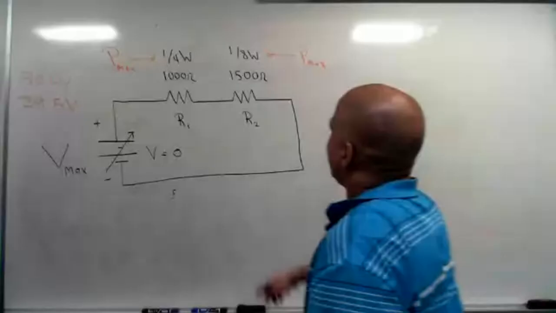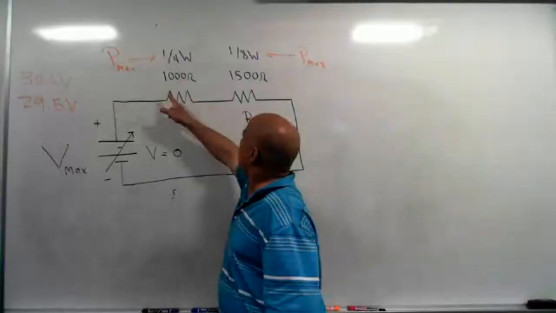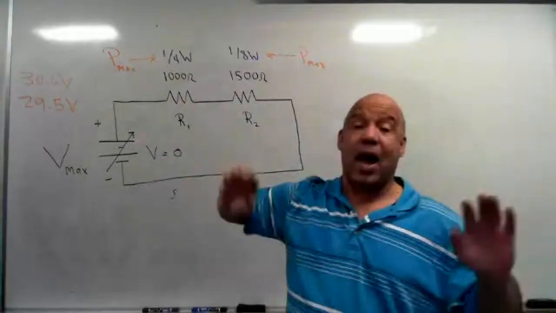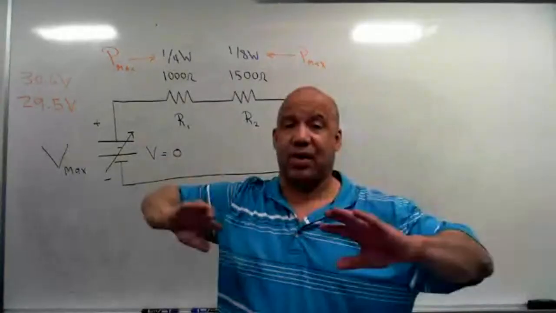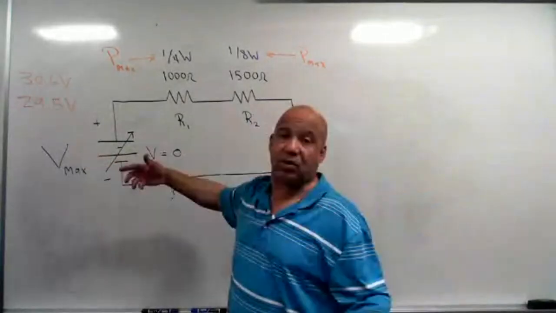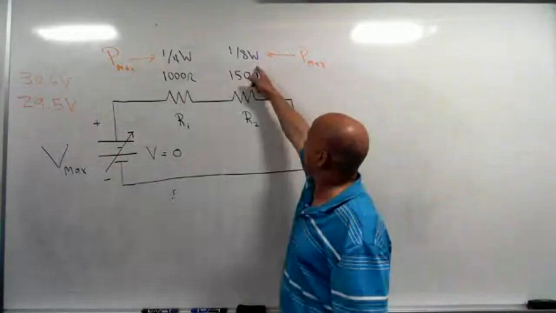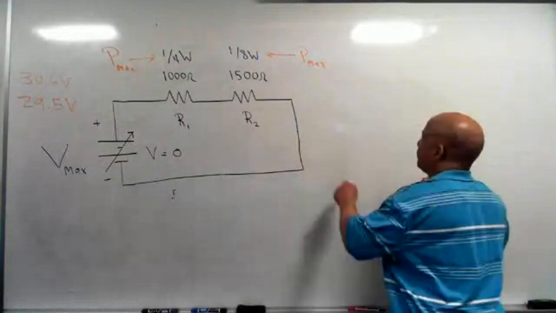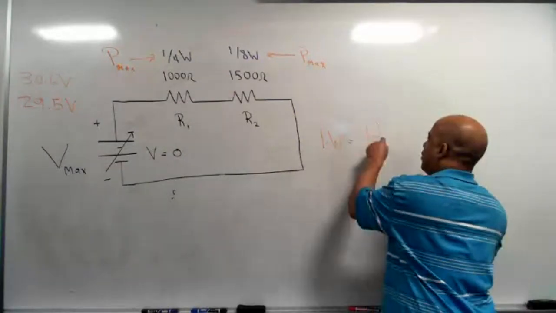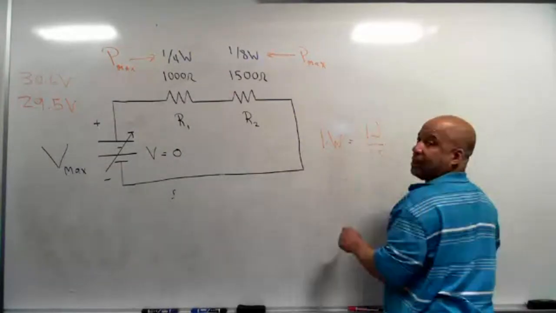Now, some of you might look at that and say, well, I don't know, because this is 1,000 ohms and that's 1,500. But that has nothing to do with anything. How much heat the resistor can get rid of, how many joules per second, is determined by the size of the resistor. Remember, a watt is 1 joule every second.